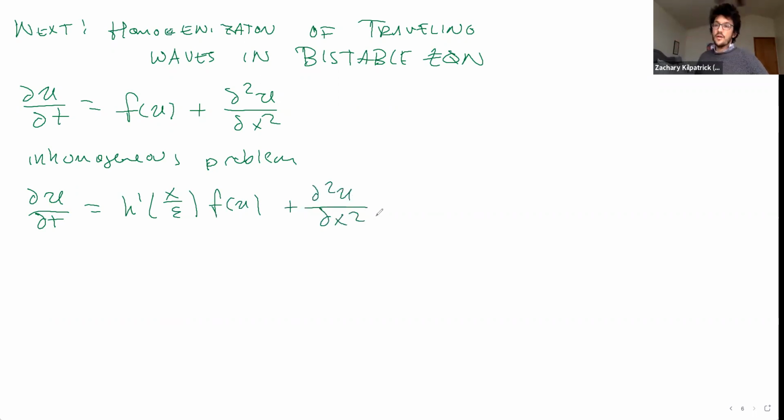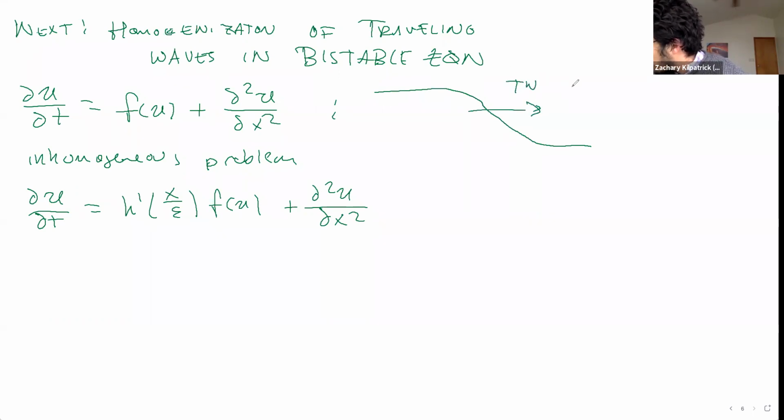And that's going to somehow affect wave propagation. So in the homogeneous problem, we've looked at this before. You have these traveling wave solutions, and you have a stable upstate that invades a stable downstate here, okay?